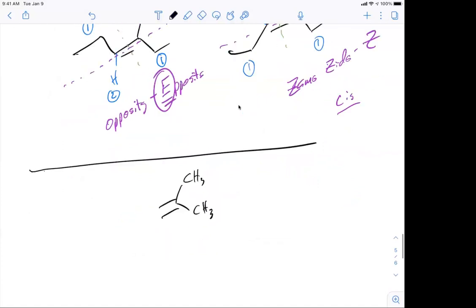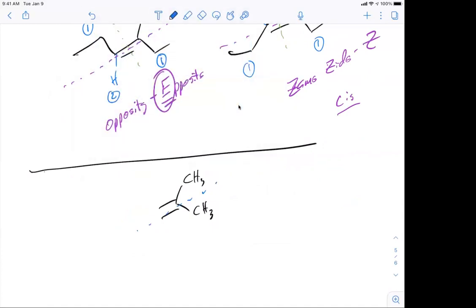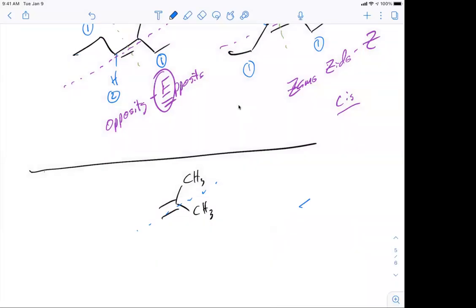Okay, maybe. In this case, it doesn't have a stereo nomenclature because it has symmetry. You might have been thinking of the early cases of cis, which would be something like this, or this.